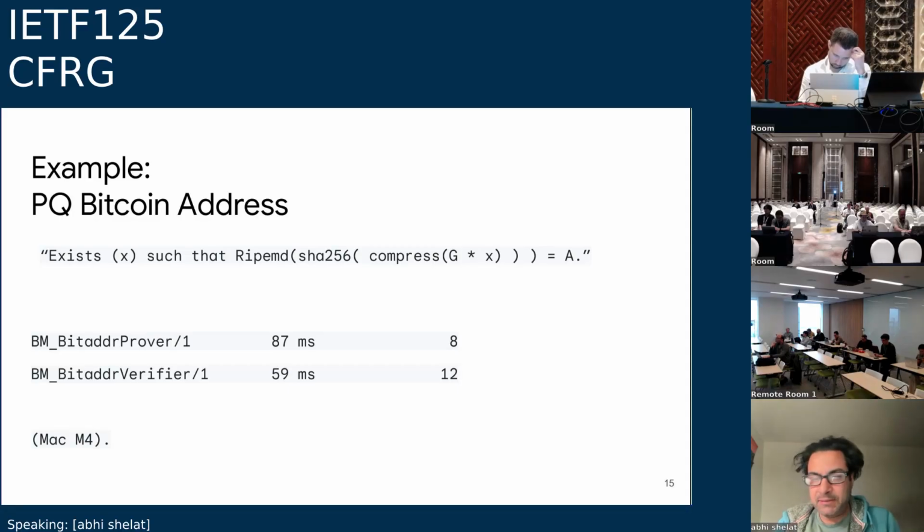So in particular, you can harden Bitcoin with Longfellow by giving a proof that you know a secret key such that the RIPEMD of the SHA of the compressed G to the X point is your particular Bitcoin address. And that we can do very efficiently, about 87 milliseconds to produce a proof and 60 milliseconds to verify it. And that's also notably 10 to 15 times faster than anybody else is able to do that sort of thing.